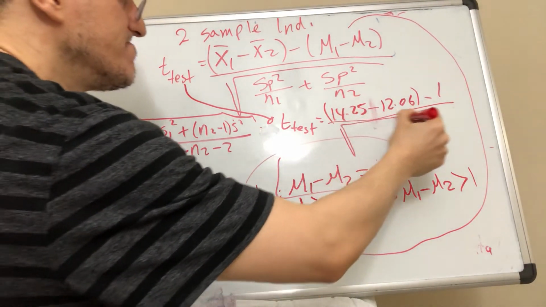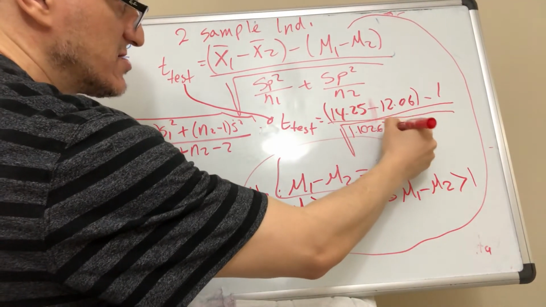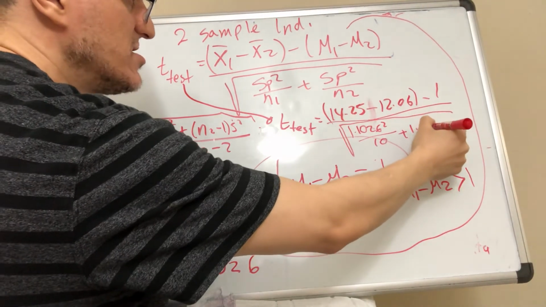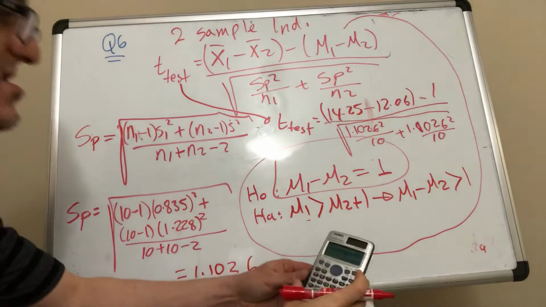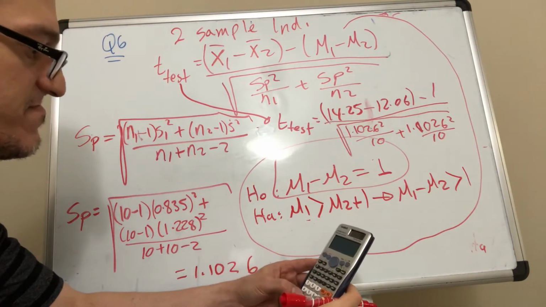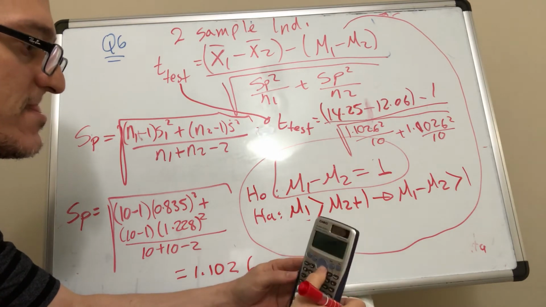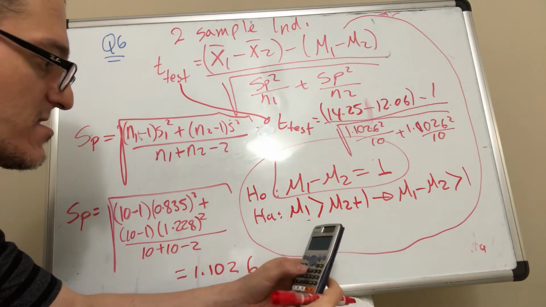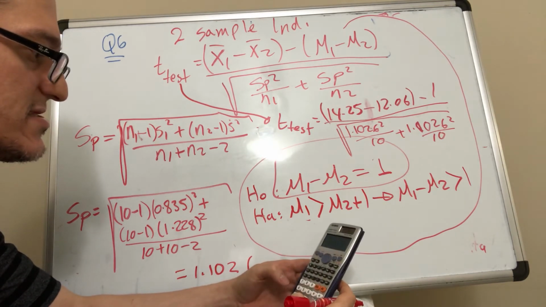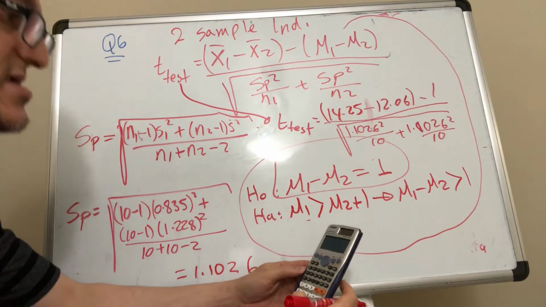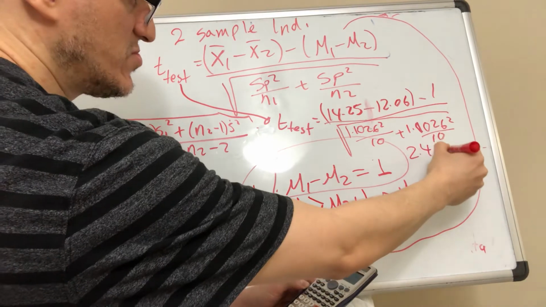Square root: your sp is 1.1026 squared over the first sample, 1.1026 squared over the second sample. So we put everything together, over 10 and squared over 10, and I get the answer to be 2.4133. So the answer is 2.4133.